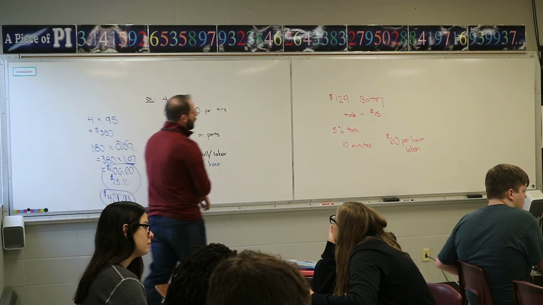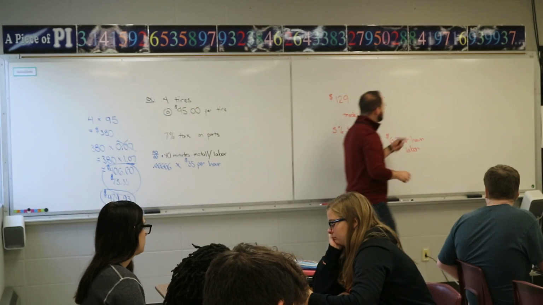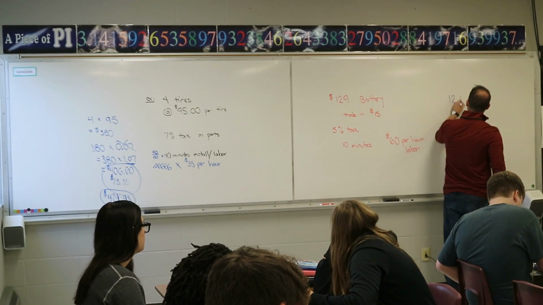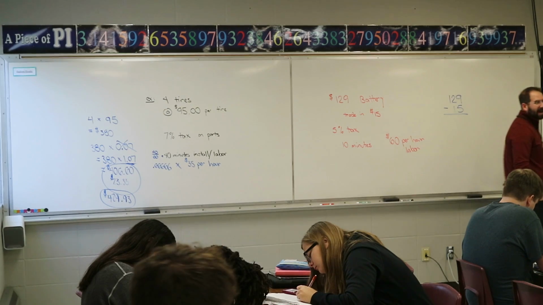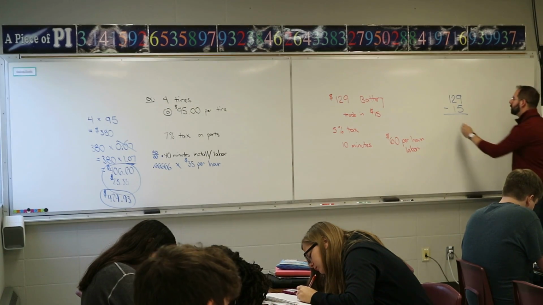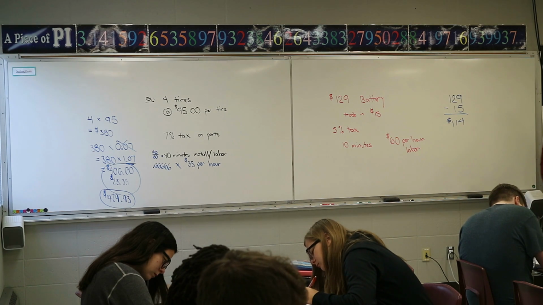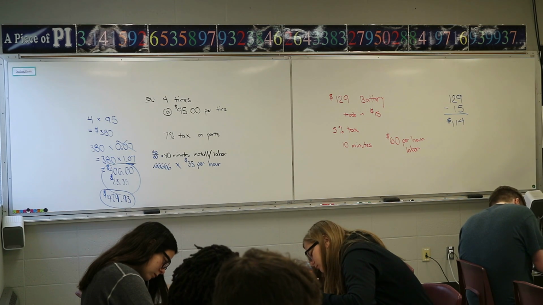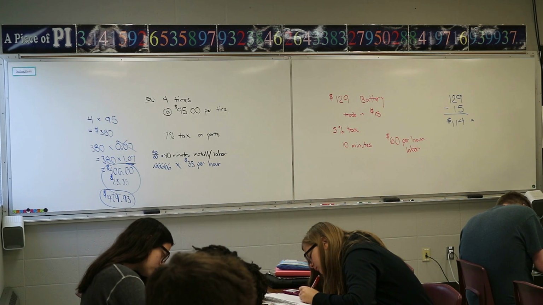Okay. All right. So $129 battery. We're doing trade-in value. So what we need to do first, take $129 and subtract 15. That's 114. So we save some money on the battery, but we have to add in taxes. My taxes was 5%, right? So 1.05.